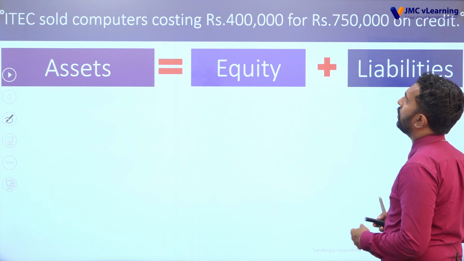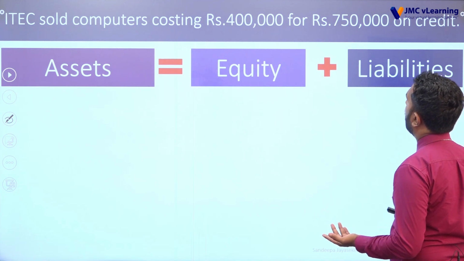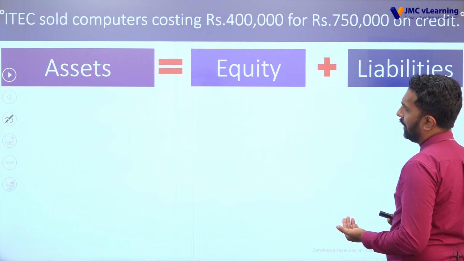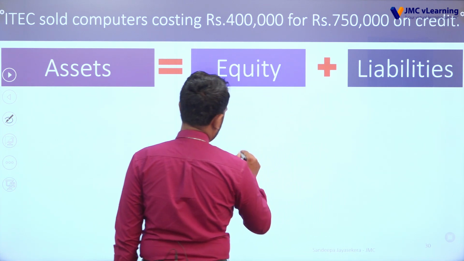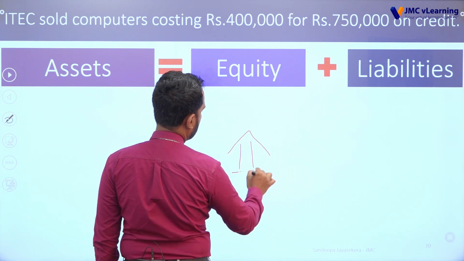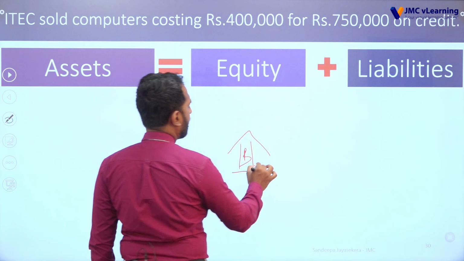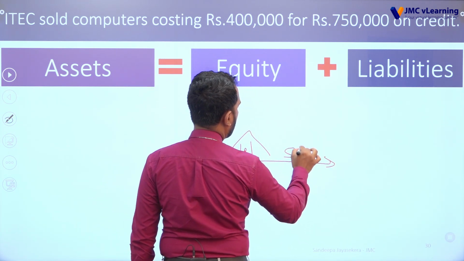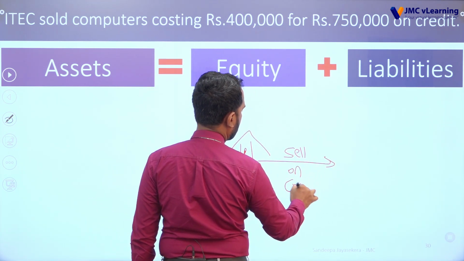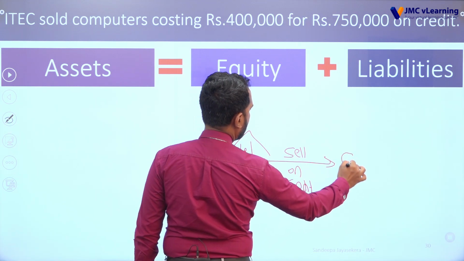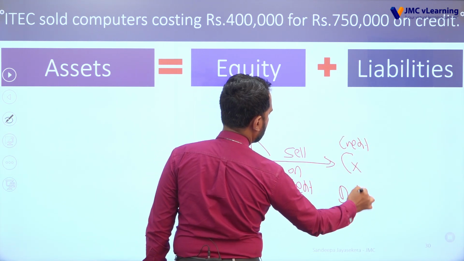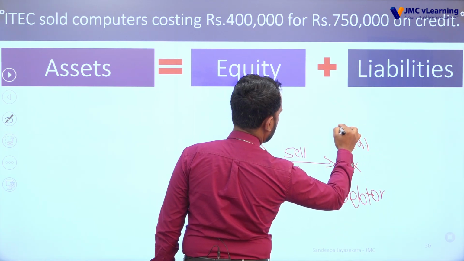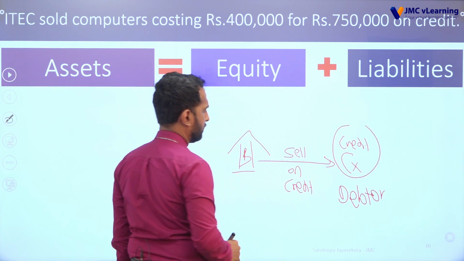iTech sold computers costing 400,000 for 750,000 on credit. Now we are selling on credit. When you are selling on credit, it will create a debtor. Let's say this is the business. This also you need to understand. When you sell on credit, whoever the credit customer is, we call the debtor.